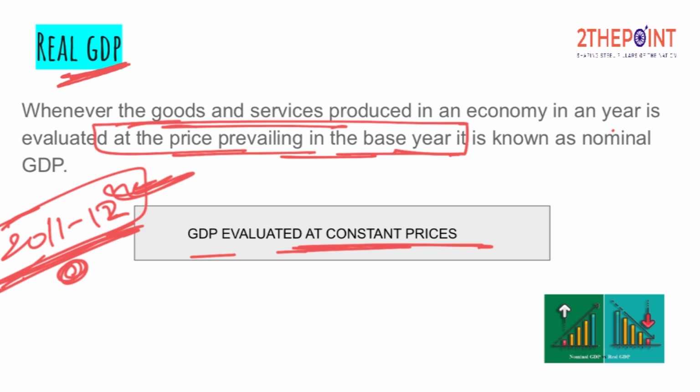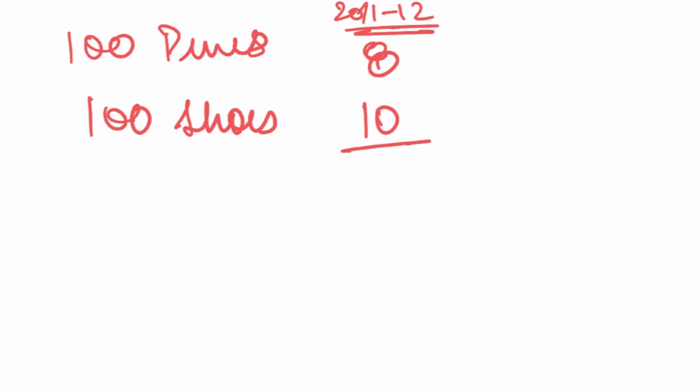Now we'll again take an example to understand better. We were producing 100 pens and 100 shoes in the previous example, and the current price of the pens was rupees 10. Let's assume that in 2011-12 the price of a pen was rupees 8, and the shoes were priced at 10 per shoe.